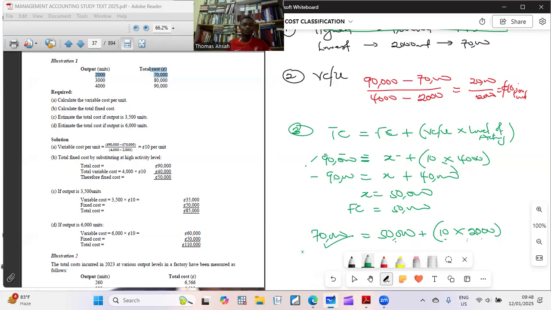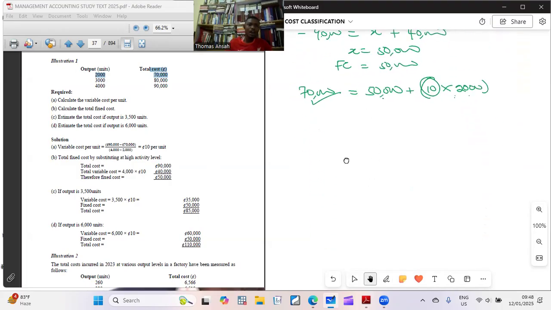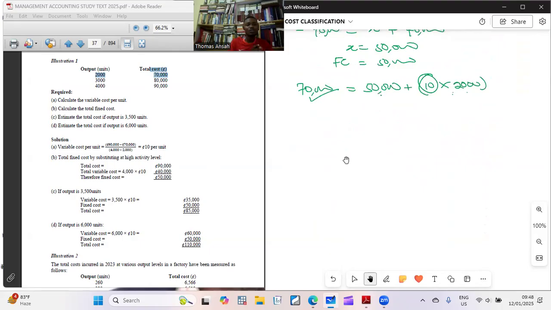So we found our fixed cost, and that is it. And we also found our variable cost per unit, which was 10. So A and B is done. Now the question is asking us to calculate the total cost if output is 3,500. It doesn't matter.